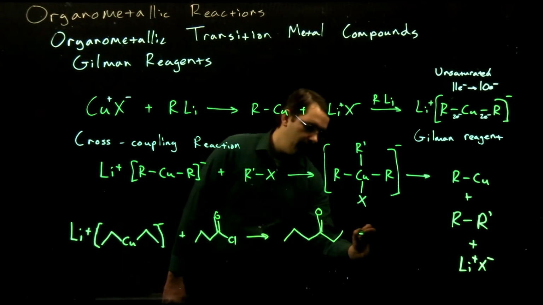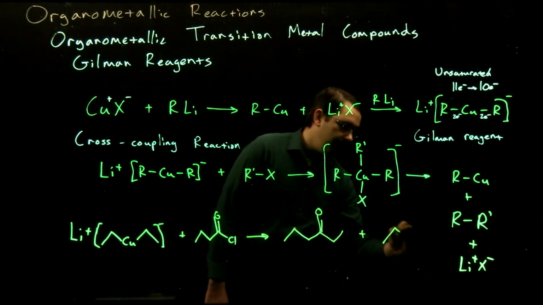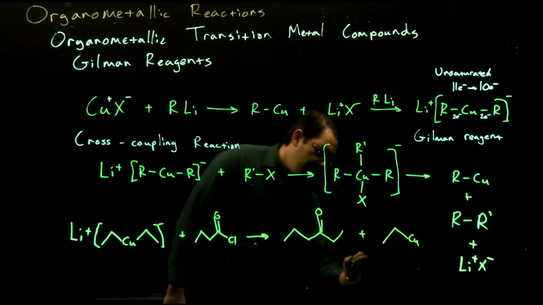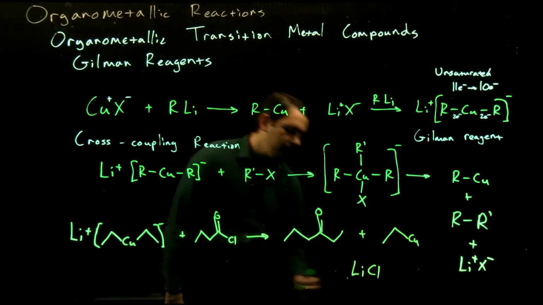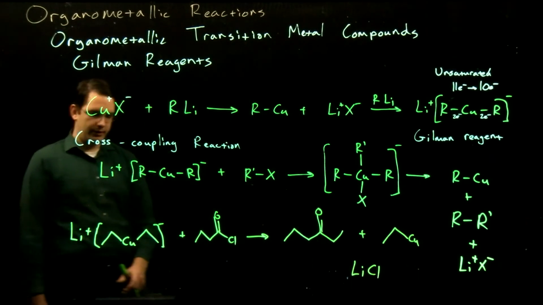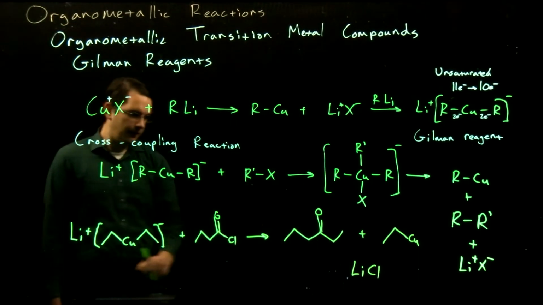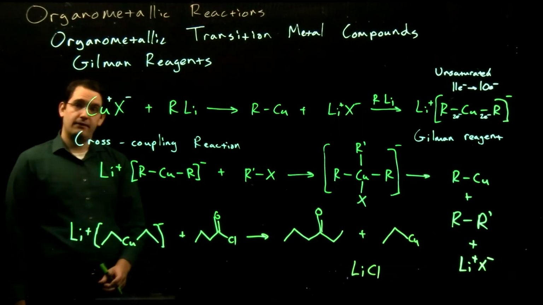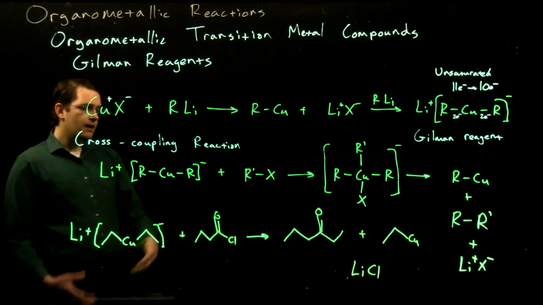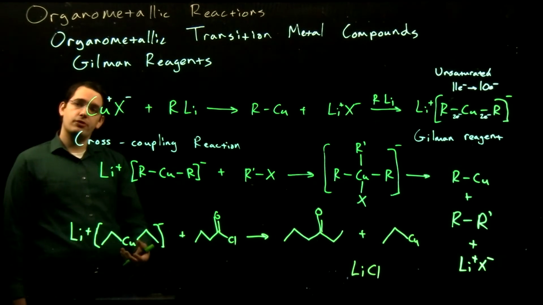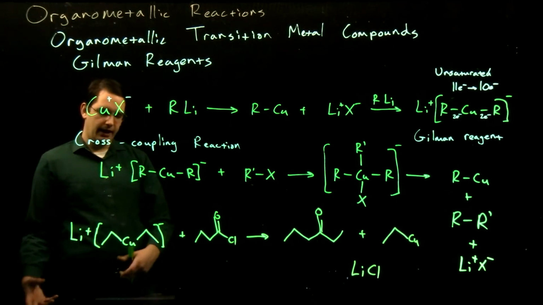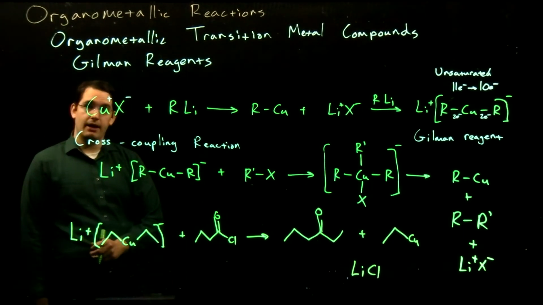We end up with our copper still remaining bonded to 2 of our carbons, and then we have our lithium chlorine ionic compound produced from our lithium combining with that chlorine that's lost from our alkyl halide-based compound. So again, it provides us with an interesting new way to create carbon-carbon bonds using the nucleophilic carbons in our organometallic complex.